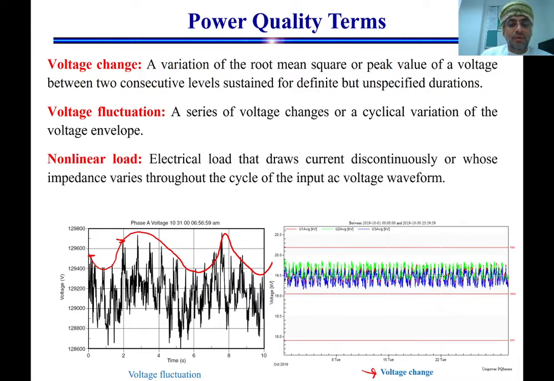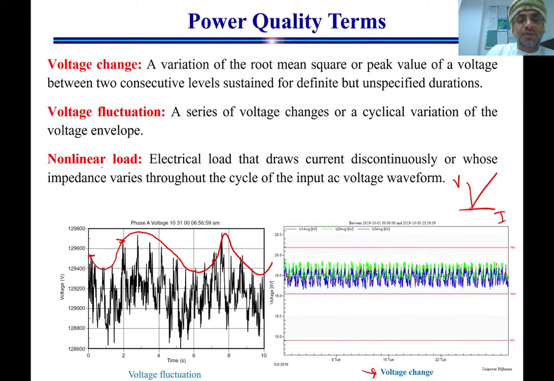When we say non-linear load, it is a load in which the relationship between the voltage and current will not be linear. For example, if we have a linear resistance, the relation between the voltage and the current will be linear.